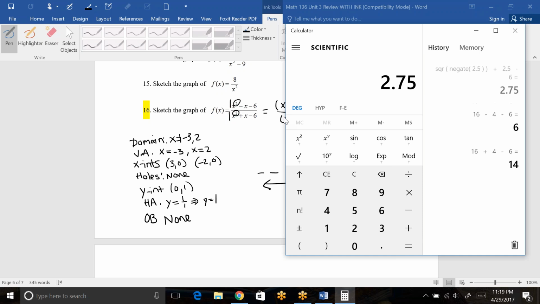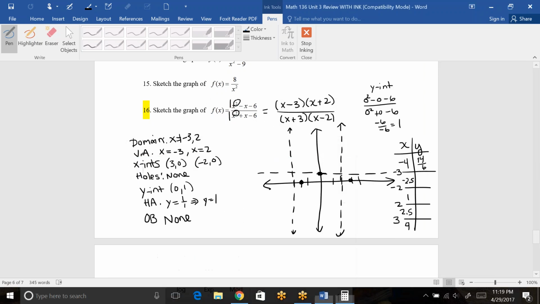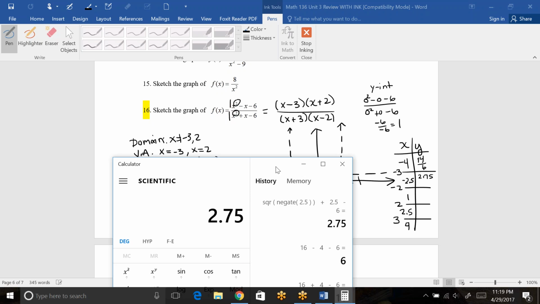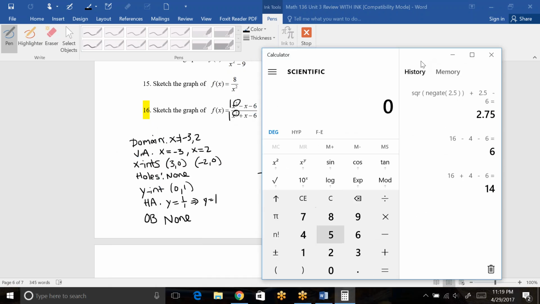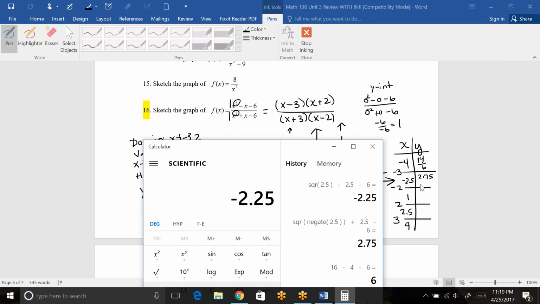So my numerator is 2.75. And then my denominator will be, let's see, 2.5 squared again. It doesn't matter that it's negative because it's getting squared, minus the 2.5, and then -6. That'd be -2.25.